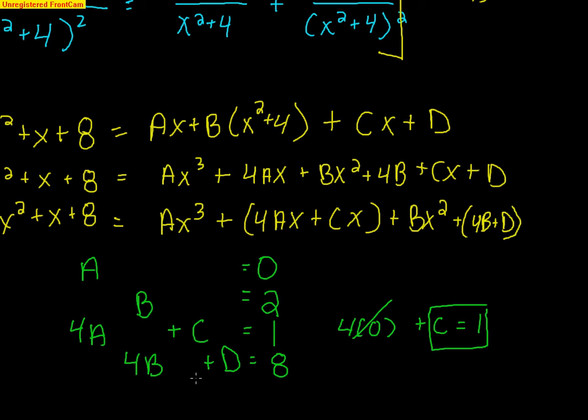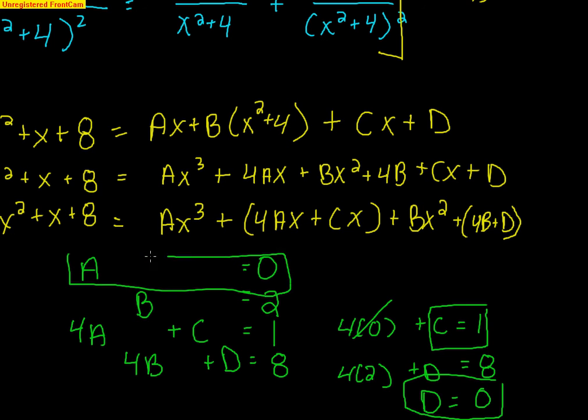And now we can plug in 2 for b. I got b equals 2 and plugged it into this last linear equation. So 4 times 2 plus d equals 8, so d equals 0, because you subtract 8 from both sides. And we have all of our constants: a equals 0 and b equals 2.